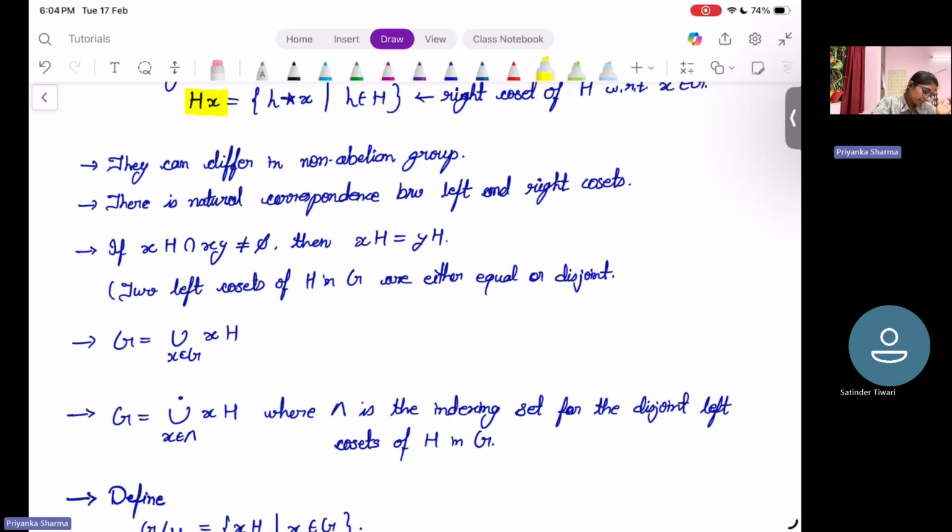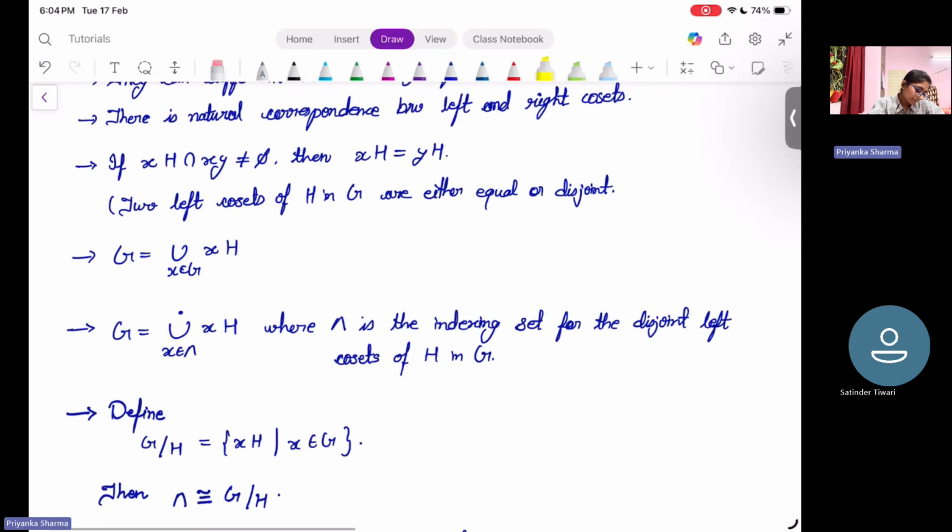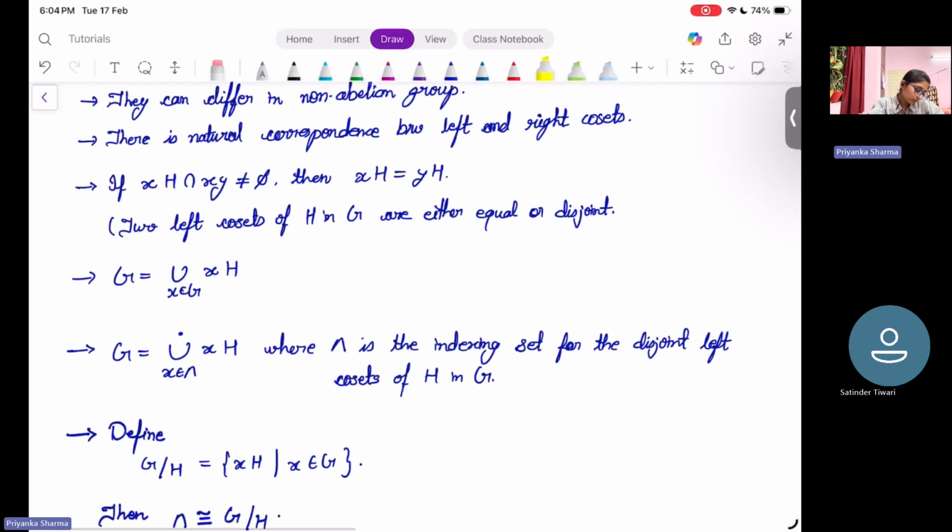And we can verify that any two left cosets in a group G will either be identical or be disjoint. And the union of all left cosets of H in G will give us the whole group G. But again, as we said, two left cosets can be either identical or disjoint, so there is a possibility that they can be identical.